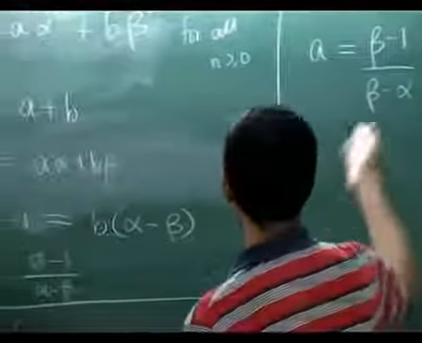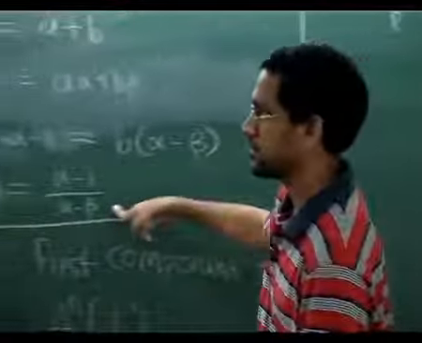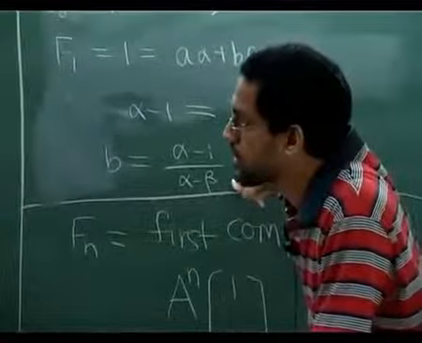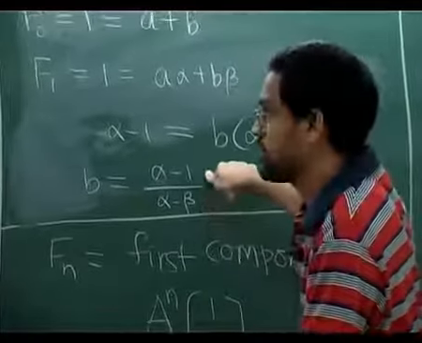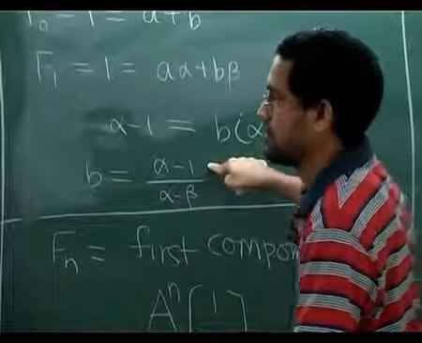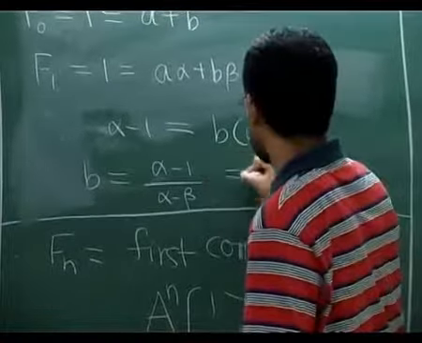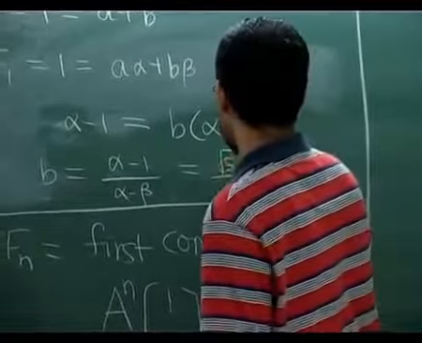Now what are these numbers? They're actually simpler than they look. So alpha is (1 plus root 5) by 2. What is alpha minus beta? What is the denominator? Root 5. What is alpha minus 1? Root 5 minus 1 by 2. So this is (root 5 minus 1) by 2 root 5.